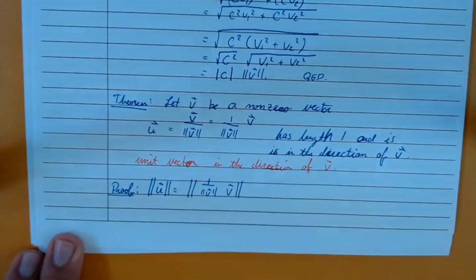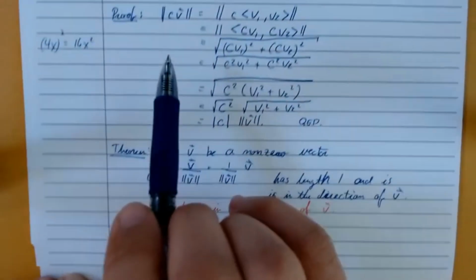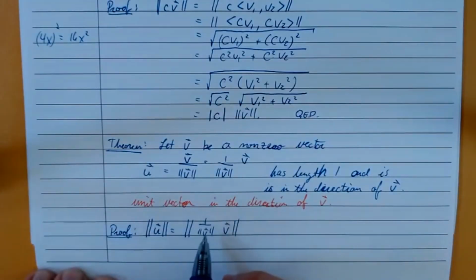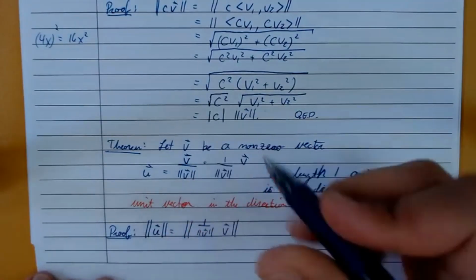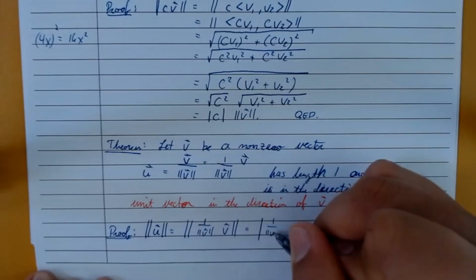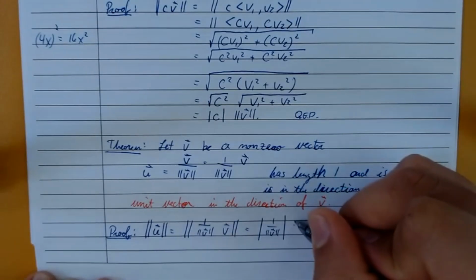Oh, but we just showed that whenever you have the magnitude of a scalar times a vector, and remember, this is a scalar, just a number times a vector, we can separate it as the absolute value of this times the magnitude of this one.